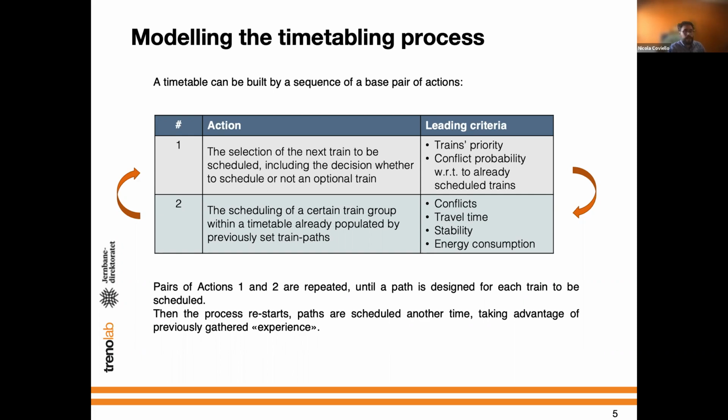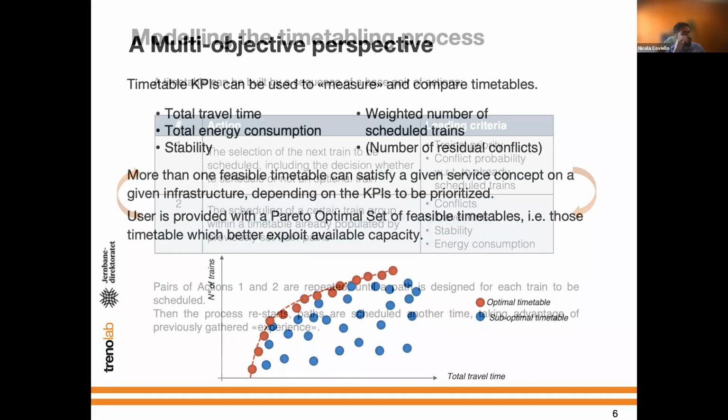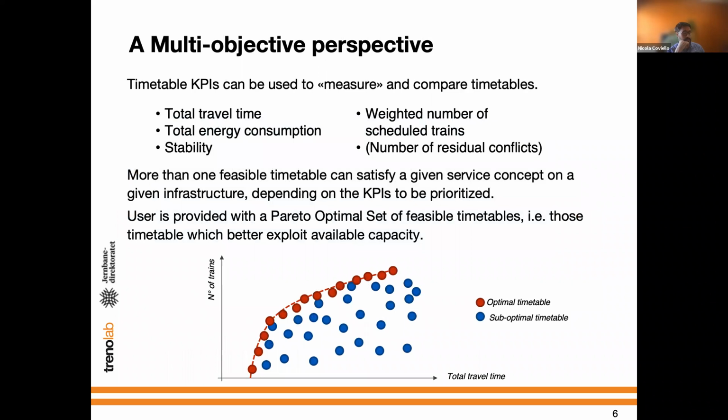So we translate this concept into the ACO terminology, but we translate it with a multi-objective perspective. This is due to the very nature of this project. We remember that we are dealing with strategic timetabling, and during strategic timetabling, we would like to assess not just one timetable, but probably a range of promising timetables.